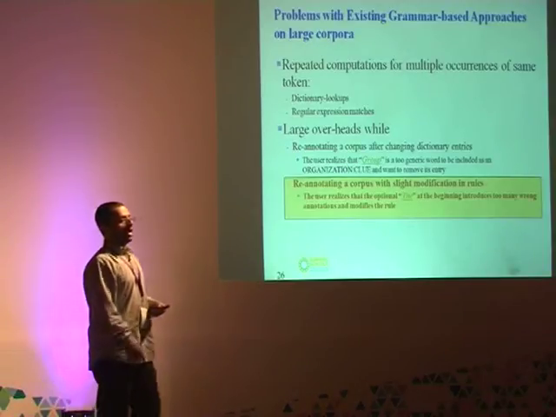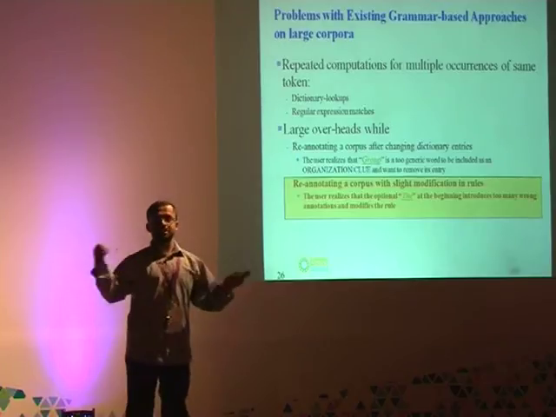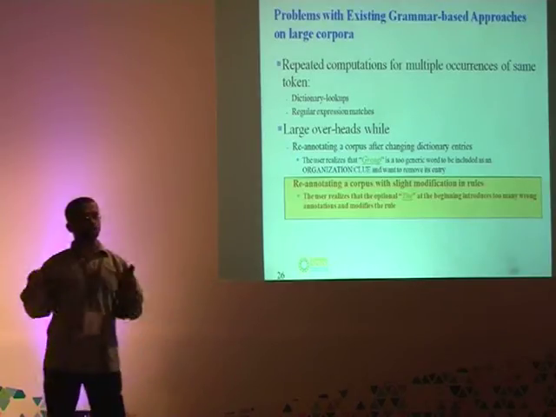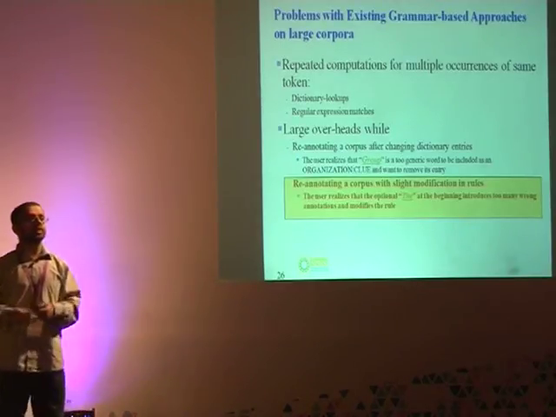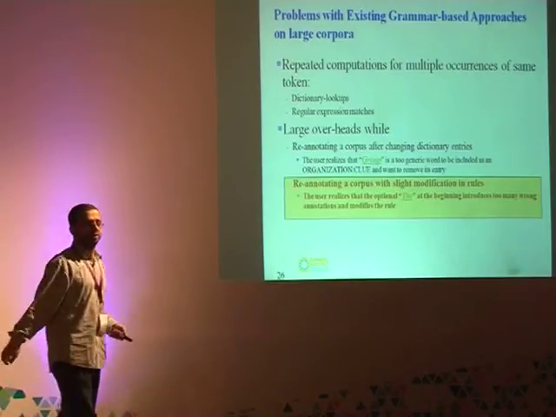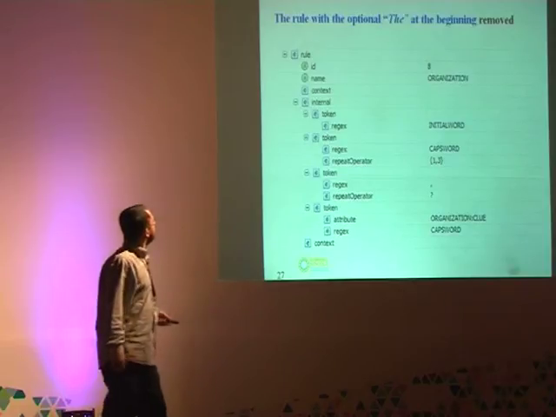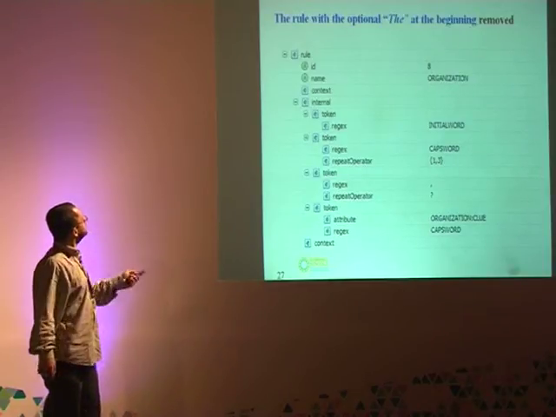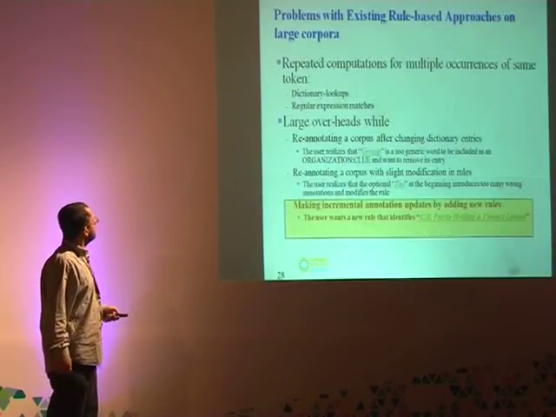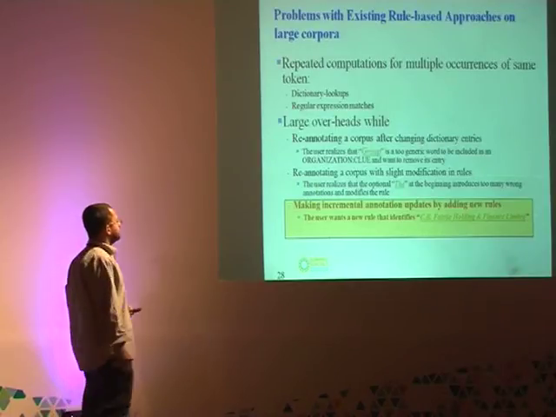Now, while I keep referring to these as rules, you could think of them as features, because these could be very complex features leading to very high accuracies even in a machine learning model. So there's the optional the at the beginning removed. Or you could make incremental annotation updates by adding new rules.